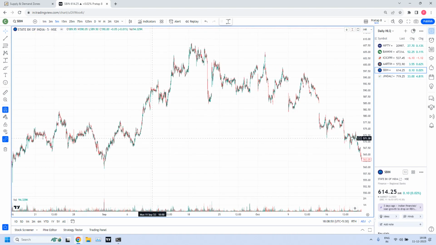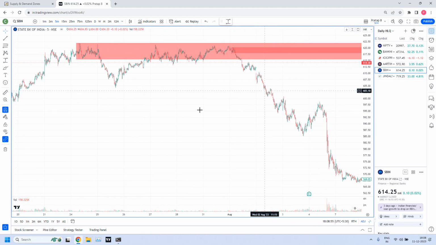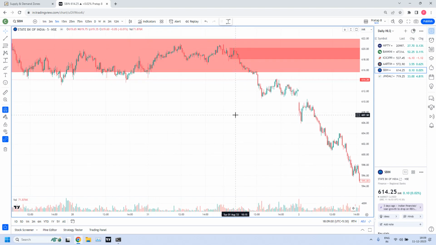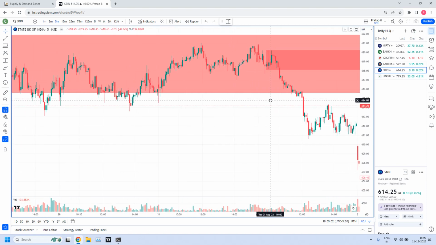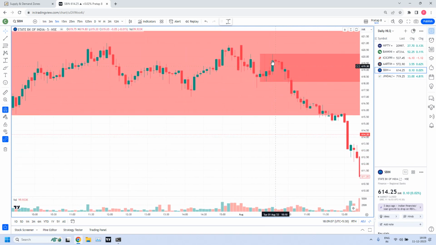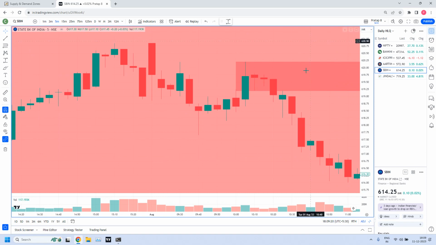How have I fine-tuned? Let us look into the zone. See, always you have to fine tune inside the 15-minute zone. You should not forget that. So this is the 15-minute zone. Inside this 15-minute zone, I have identified a rally candle, two base candles, and then a drop candle.